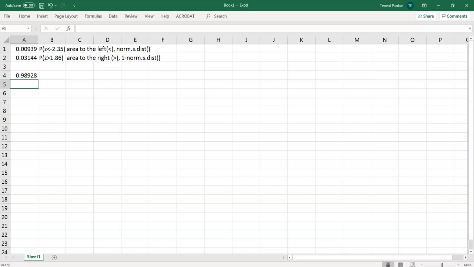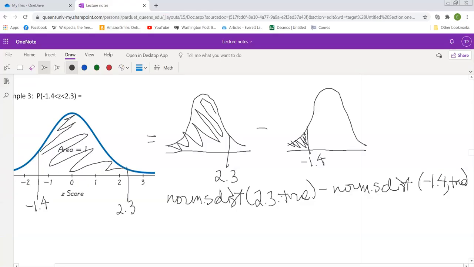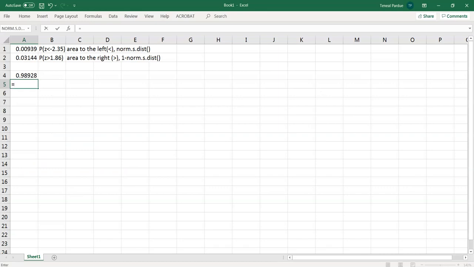So 0.9893. So this area here is 0.9893. Now I need to find this area here, which is that formula. So norm S dist negative 1.4 true.